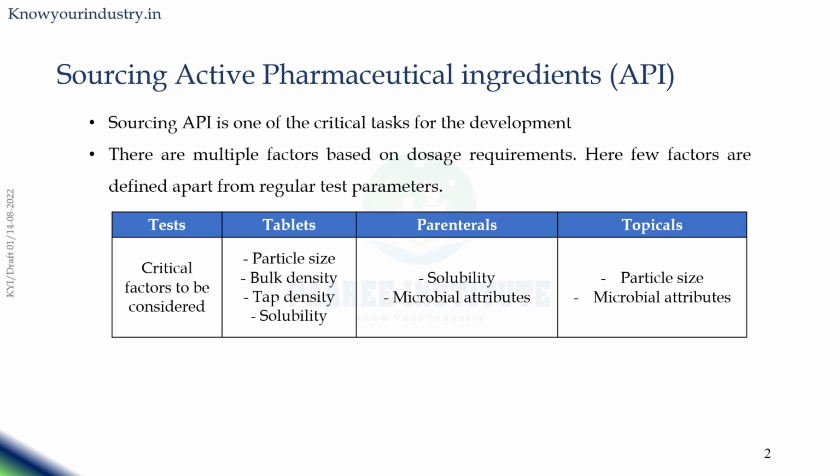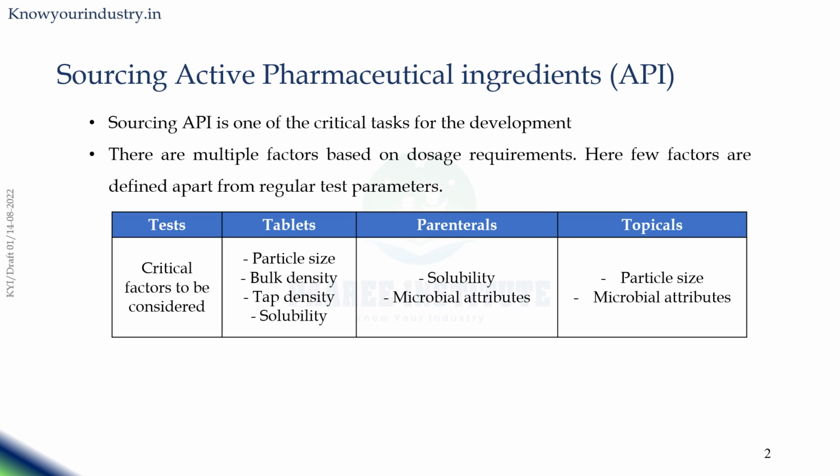There are a lot of drug substances you must have studied in pharmacology as well as medicinal chemistry. All these components are called active pharmaceutical ingredients, which give the therapeutic activity. So sourcing of API is one of the critical tasks for the development.